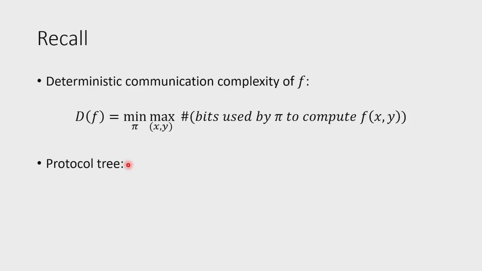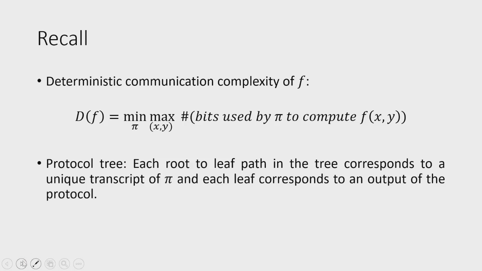We also saw the notion of a protocol tree, a way of pictorially describing the execution of a protocol. The important things to know are that each root-to-leaf path in the tree corresponds to a unique transcript of pi, and each leaf corresponds to an output of the protocol.